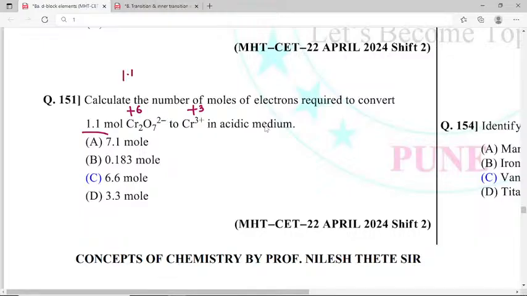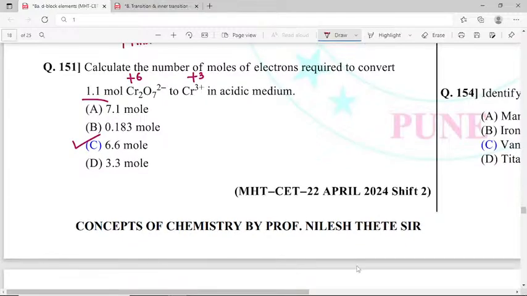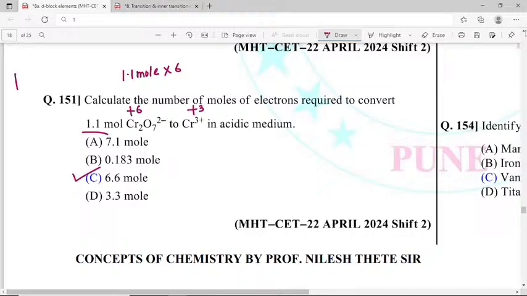So 1.1 mole multiplied by 6 is 6.6 mole. This is a very important question. Please make it an important numerical question.